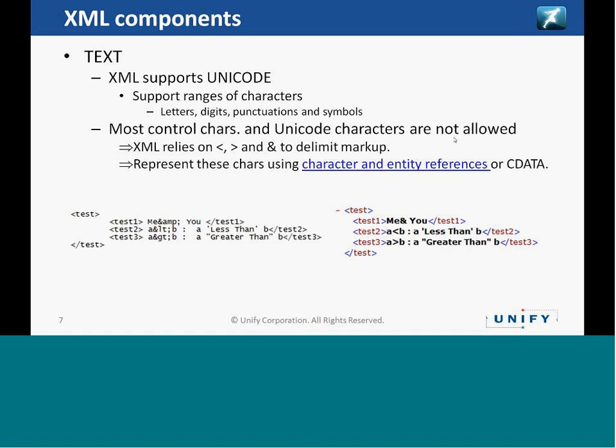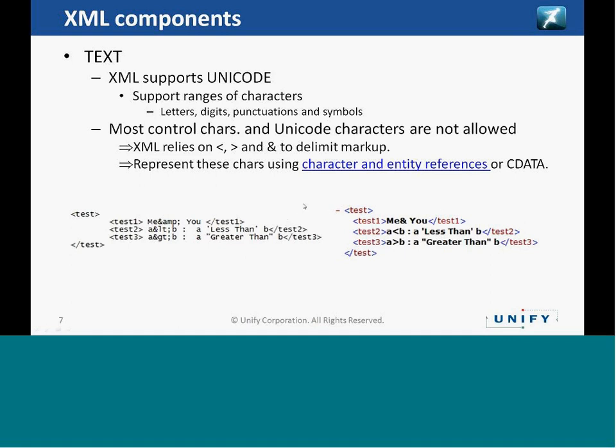You represent these characters if you need to using character and entity references, or CDATA. It sounds like a very complicated term, but in fact it's not that complicated. The entity references here are, for example, ampersand amp, and here less than, greater than. If you type this in a text editor and open the resulting XML that you save, for example, in Internet Explorer, this is the result you're going to get.